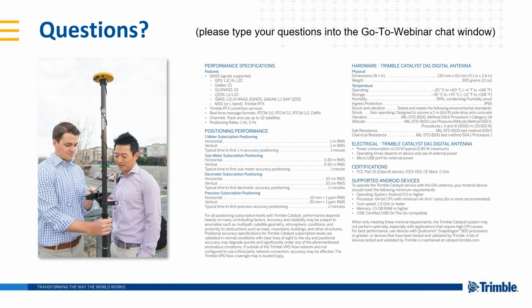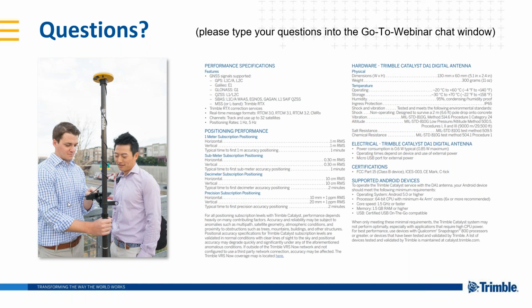In parts of Malaysia, I know that there is a local VRS network. So if you're requiring decimeter or centimeter level of accuracy, you will be required to use the Trimble Mobile Manager software to connect to that service.